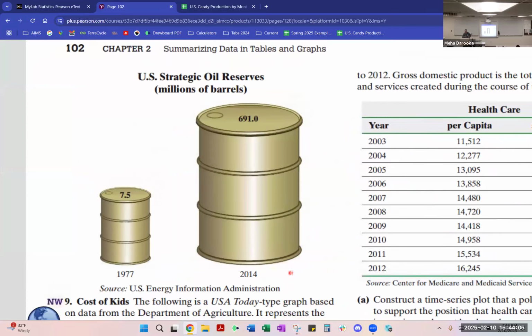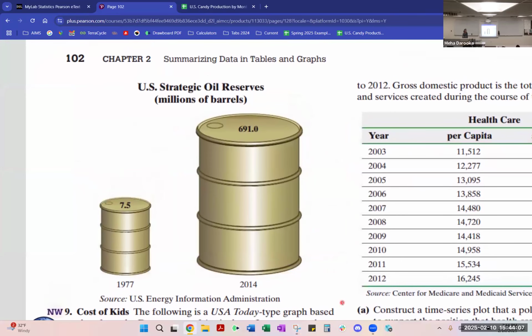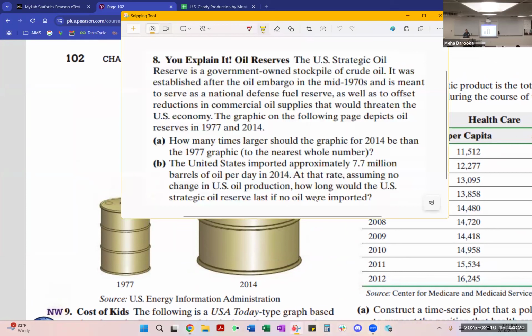What would you even just talk about the proportion from 1977 being at 7.5, and you can see they're telling us it's millions of barrels, to 2014, which was 691 millions of barrels. So the first question they're asking us is, how many times larger should the graphic for 2014 be than the 1977 graphic?